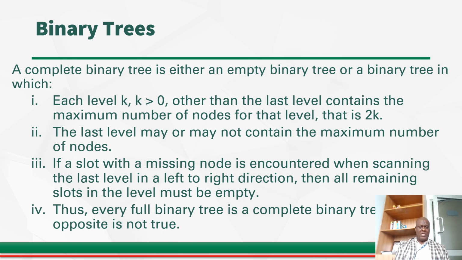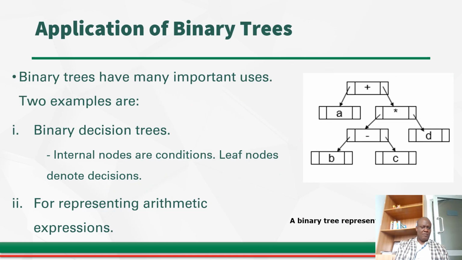So if a slot with a missing node is encountered when scanning the last level in a left to right direction, then all the remaining slots in the level must be empty. So every full binary tree is a complete binary tree, but the opposite is not true. Every complete binary tree may not be a full binary tree.